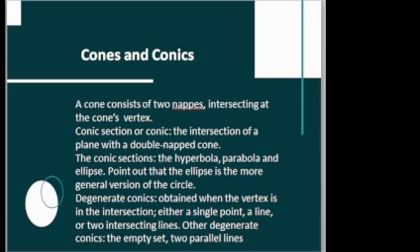Other degenerate conics are the empty set and two parallel lines. We will be talking about the hyperbola, parabola, and ellipse later. And today, we will tackle first the circle.